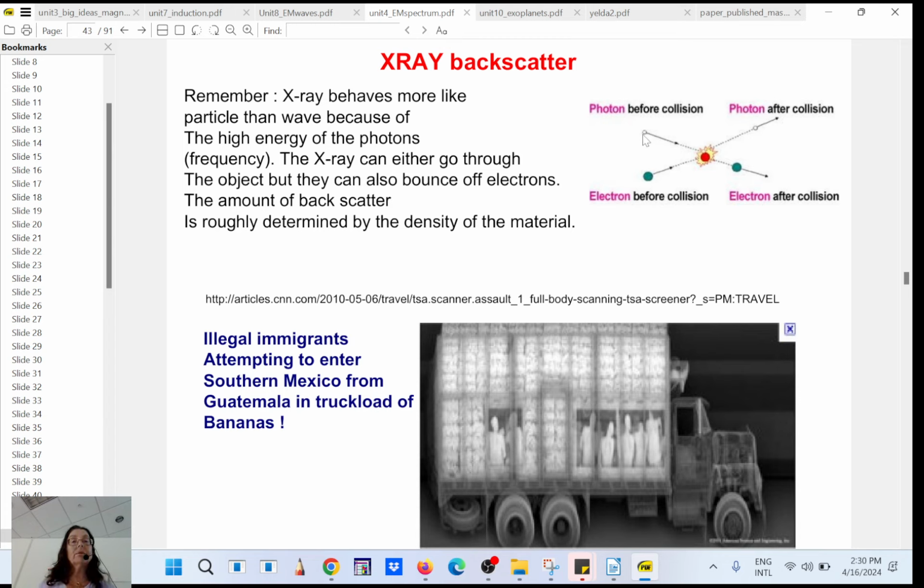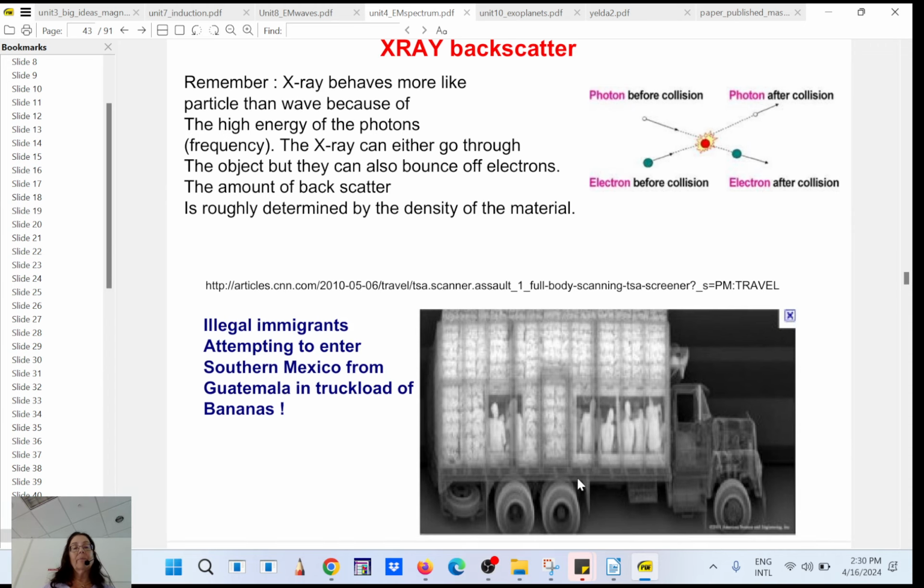The way it works is that photons, like X-ray photons, can bounce off electrons because the size of an X-ray photon is smaller than an electron. This comes from the book I was telling you about, called Physics Behind the Headline. They used to have X-ray backscatter, using X-ray to see what is inside trucks.